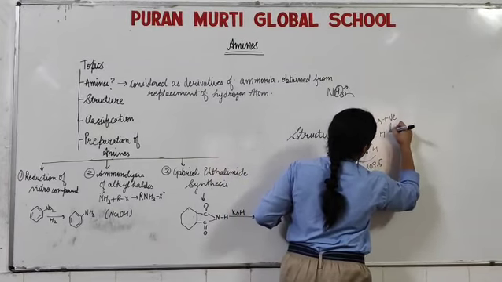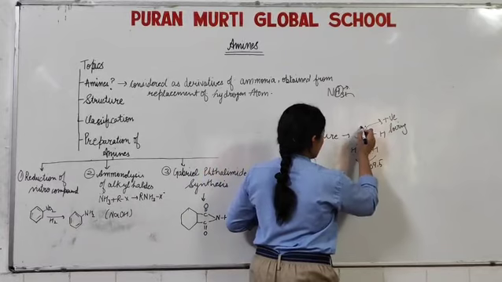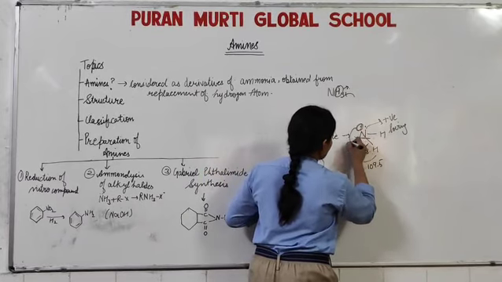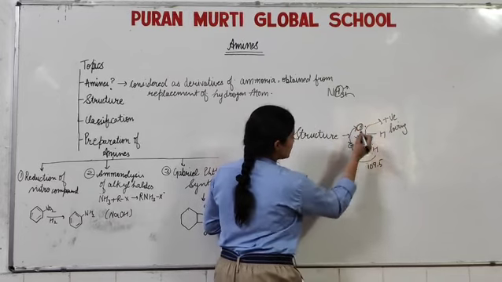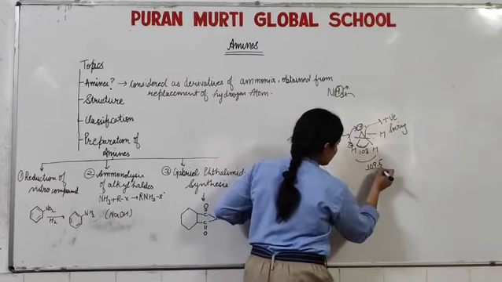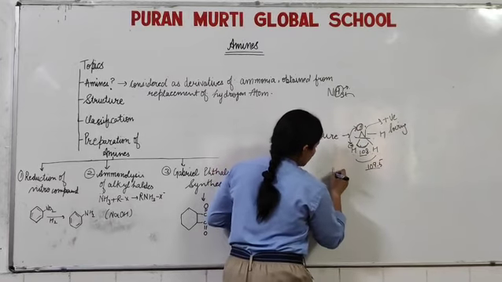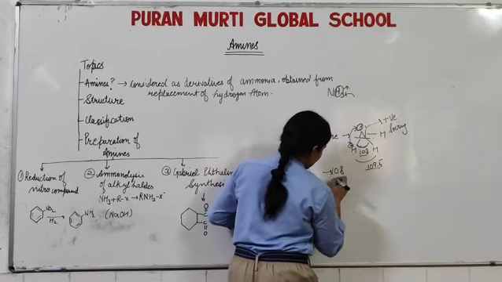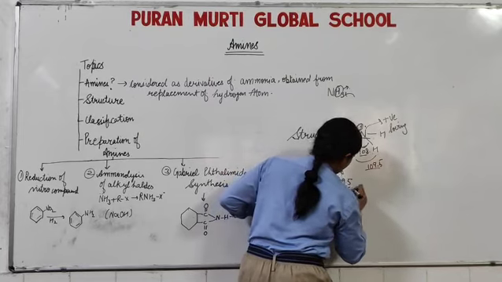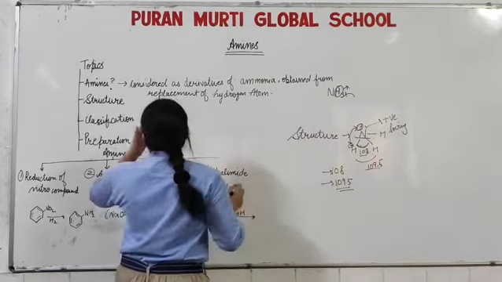It will try to move to a positive place. It has a negative charge, so due to the repulsion between these electrons, the angle decreases from 109 to 108. So the angle we obtain is 108 and what we should have is 109.5. This is the structure.